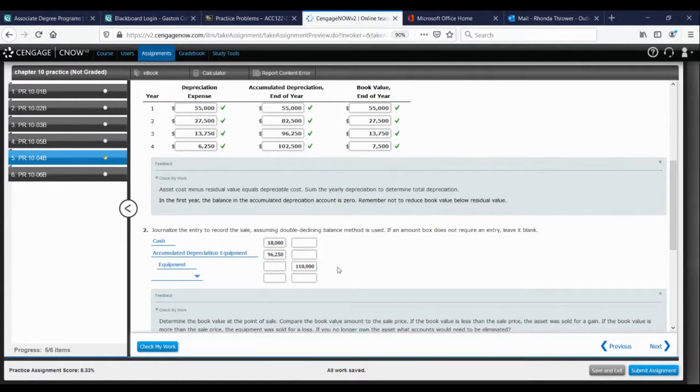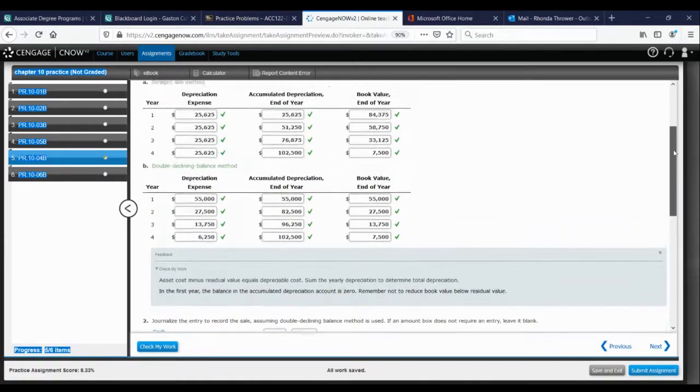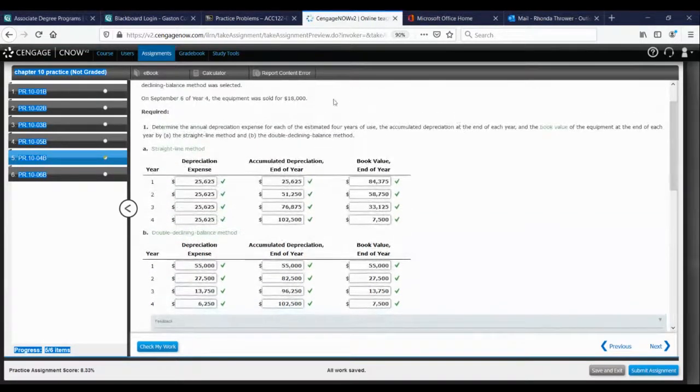Now, when we sell an asset, it's important to know what the book value of the asset was at the date of sale. In this case, the book value of the asset at the end of year 3 was $13,750. You will compare this book value, what we carried it on the books at, to what we sold it for, $18,000.